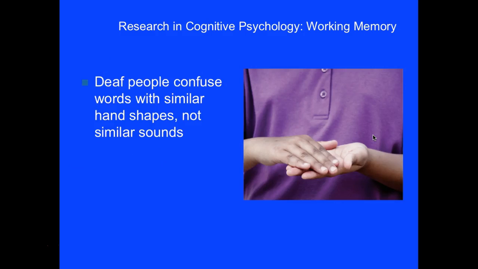I think it's a fascinating example from the text about the kinds of similarities for deaf people who sign, people who use ASL. What's the analogy in ASL for sounds?